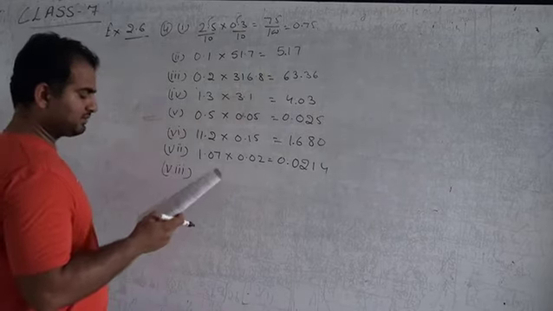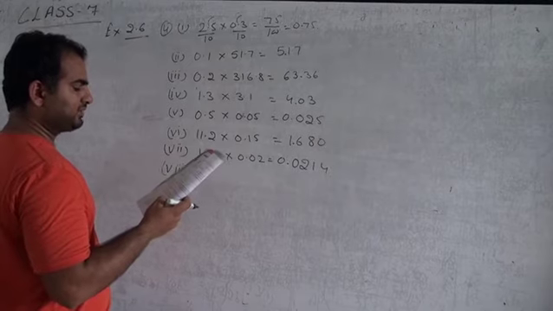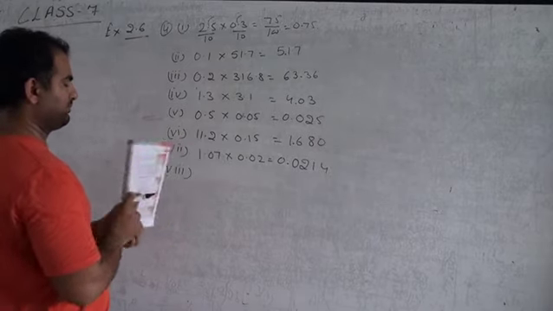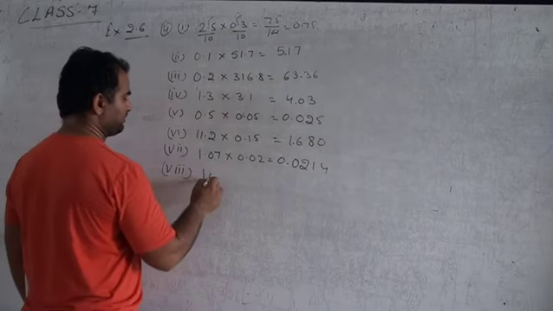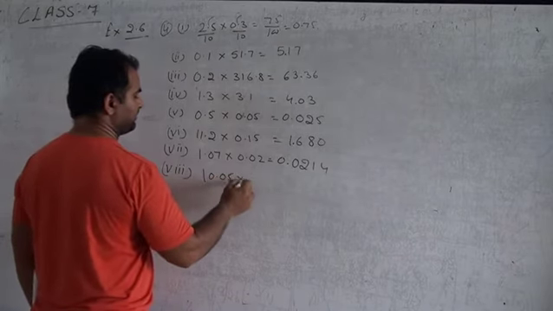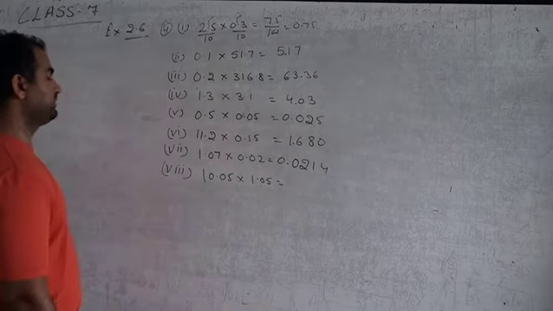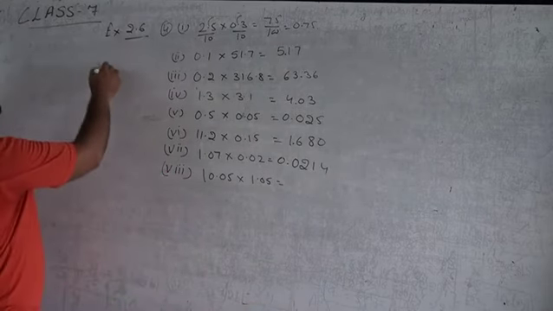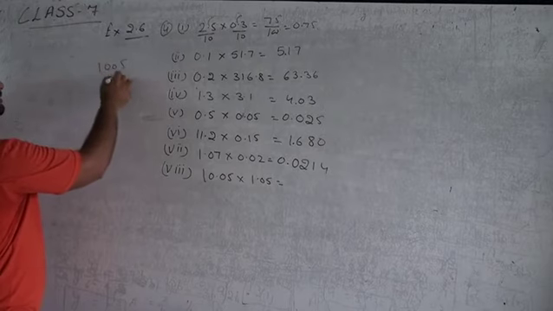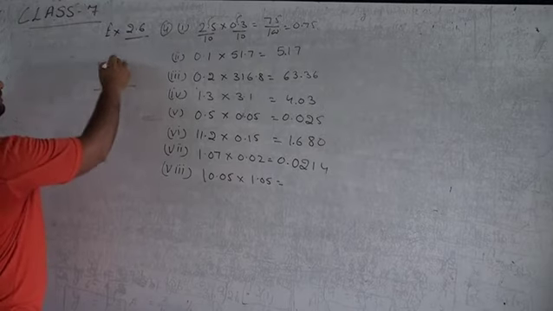Question number 8 is 10.05 into 1.05. 10.05 multiplied by 1.05. What I have to do is multiply 1005 by 105. 5 times 5 is 25.